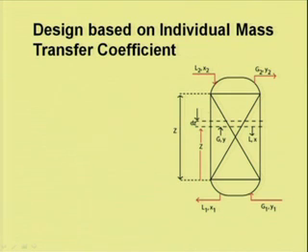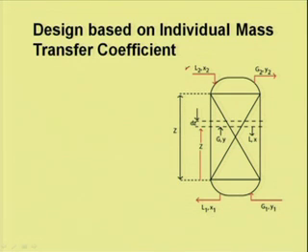This is the height of the packing in a packed tower, Z is the total height, and the inlet gas rate is G1, Y1 and outlet gas rate is G2, Y2, and inlet liquid rate is L2, X2 and outlet liquid rate is L1, X1.